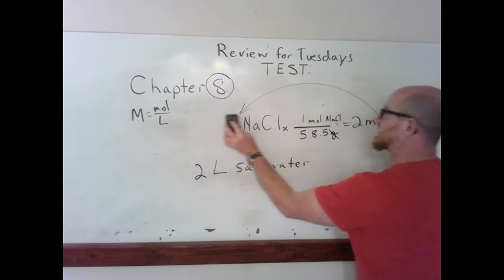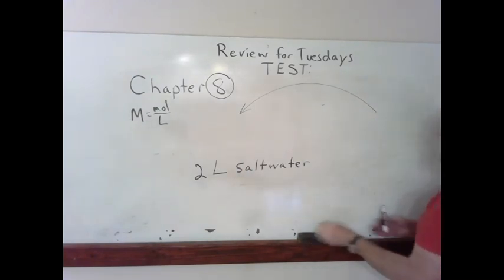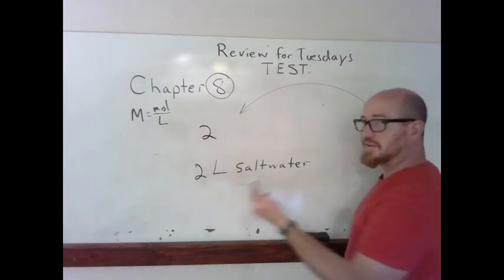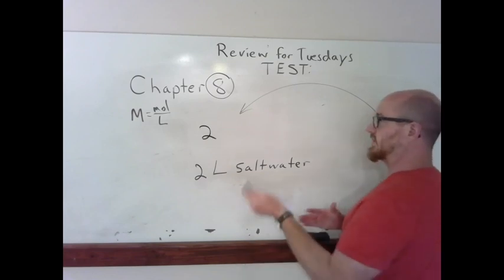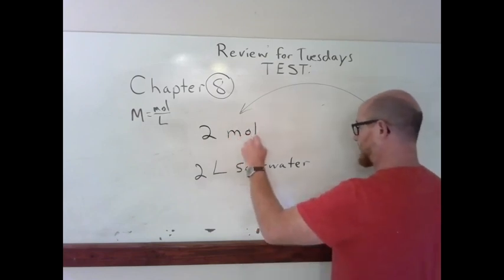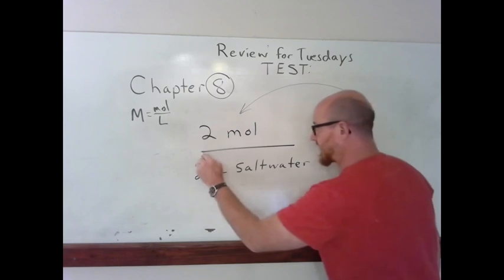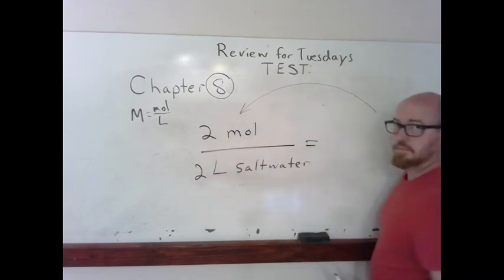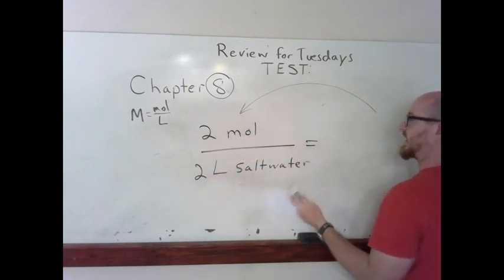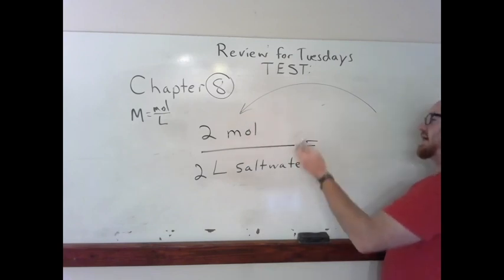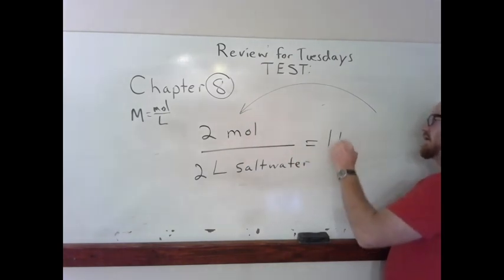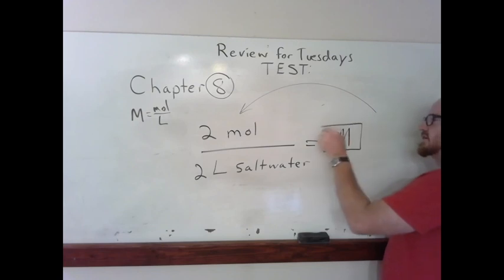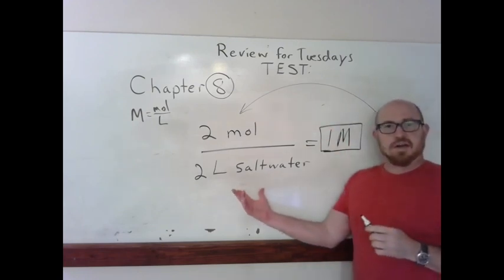So now we take our answer here, we plug it back in. I've got from 117 grams of salt that we started with, it's really only 2 moles of salt. I divide that, of course, and since I've cut this in half from the first 4 moles, I now have 2 over 2, which is 1 molarity.